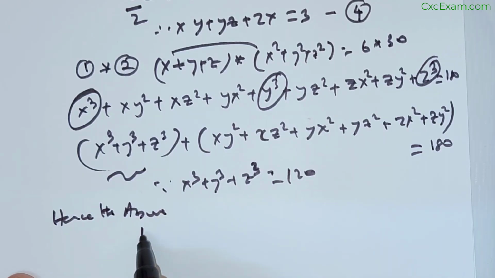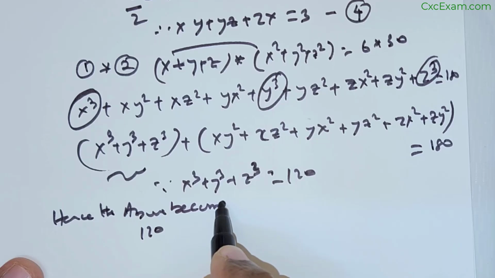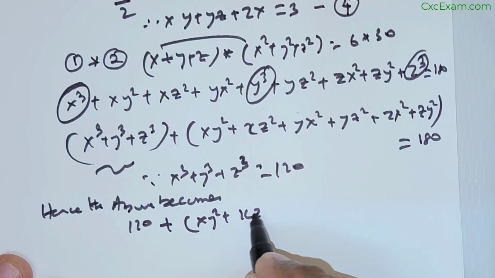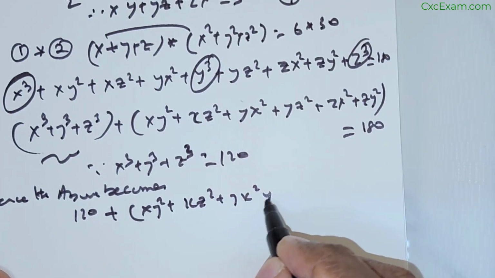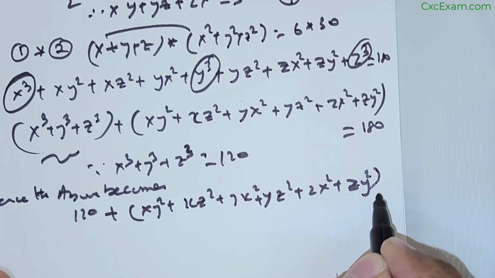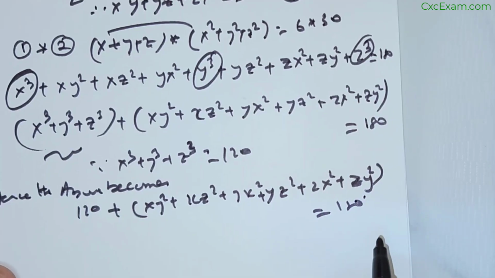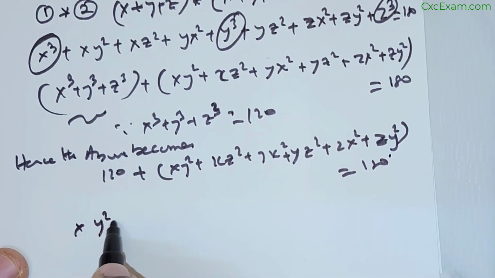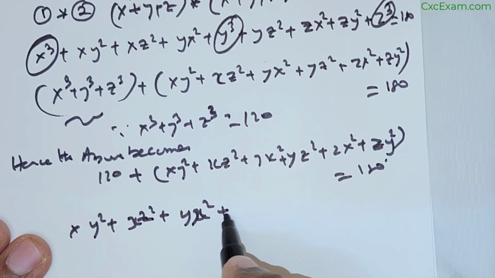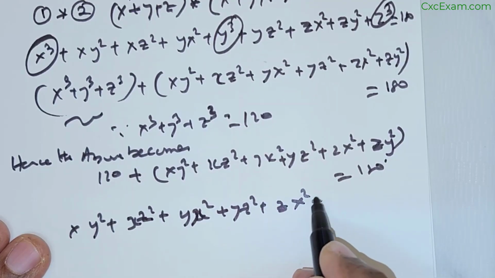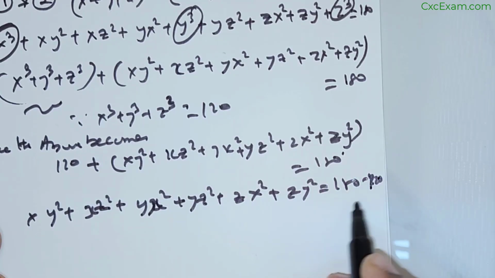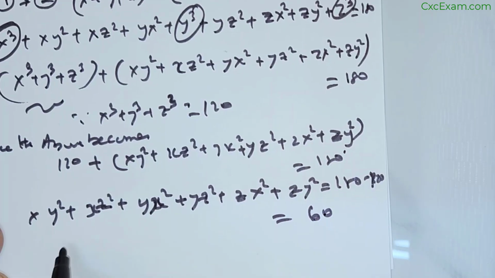So the above becomes 120 + (xy² + xz² + yx² + yz² + zx² + zy²) = 180. Therefore xy² + xz² + yx² + yz² + zx² + zy² is 180 - 120, which is equal to 60.